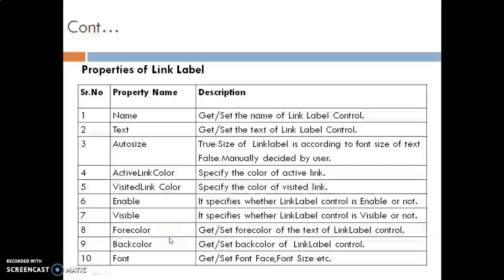It is used to set the font color of the text of link label control. Then back color means background color of the link label control. Then font. Font property is used to get or set the font face, means font name, font size, etc. for the text of link label control.